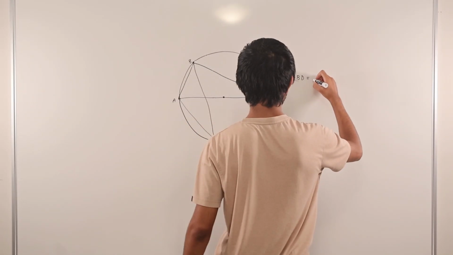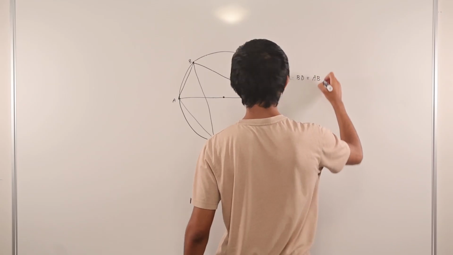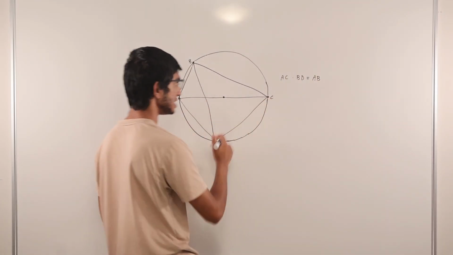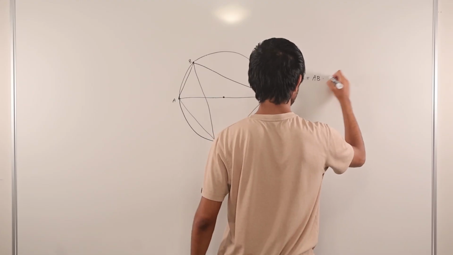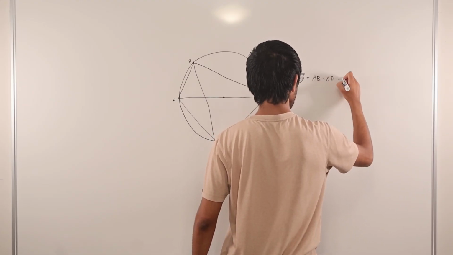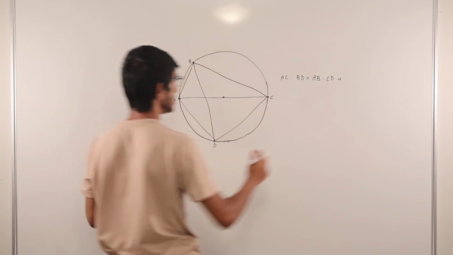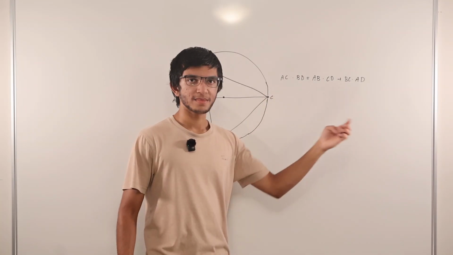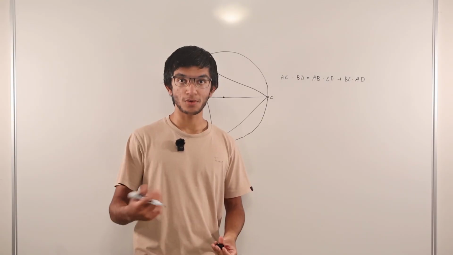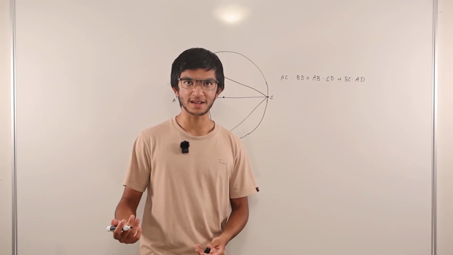So let me write it out. I'll take AB and multiply it with CD, plus the side BC multiplied with AD. This is Ptolemy's theorem, and he used this to find the chord lengths of sums and differences of angles.